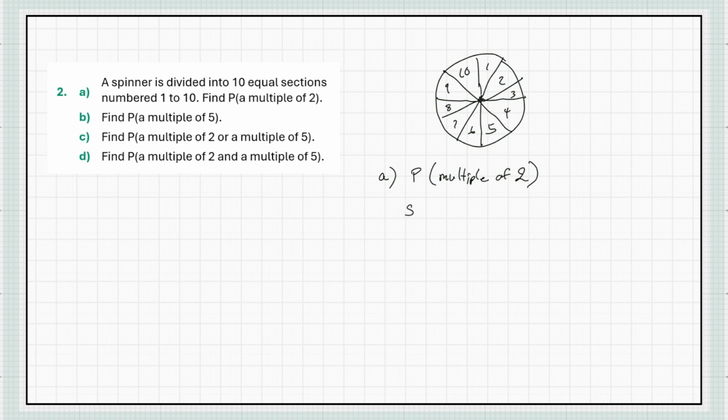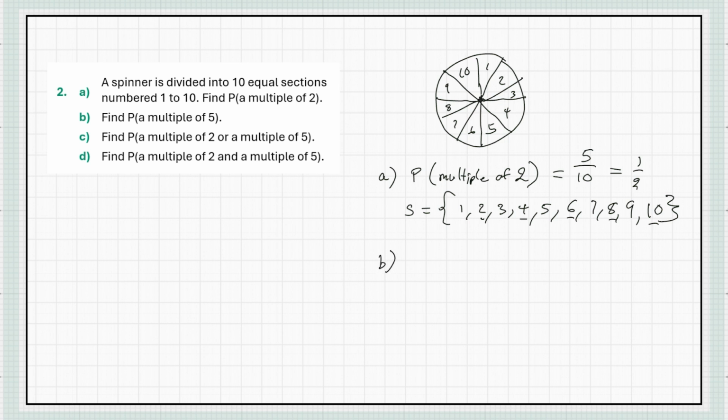Let's have a look at the sample space: 1, 2, 3, 4, 5, 6, 7, 8, 9, and 10. And if we see here 2, 4, 6, 8, and 10, those 5 are multiples of 2. So this has a probability of occurring of 5 out of 10, which is equal to a half.